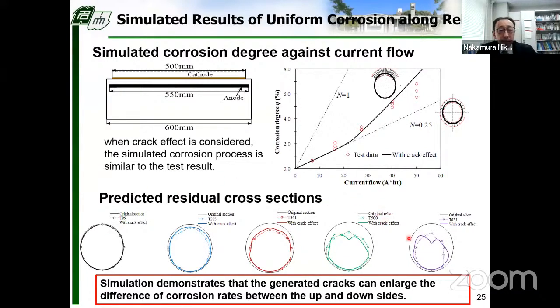This is the predicted residual cross section. They are similar to those measured in the test. The marked line is the test result, and the solid line is the simulated result. Moreover, the simulation also demonstrates that the generated crack can enlarge the difference of the corrosion rate between the top and down sides.